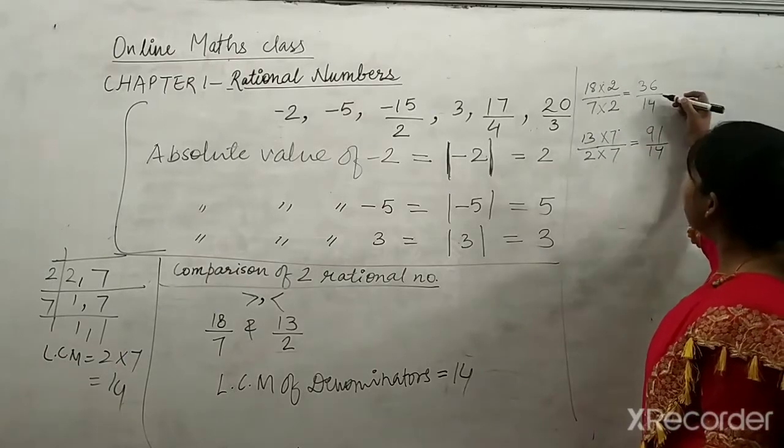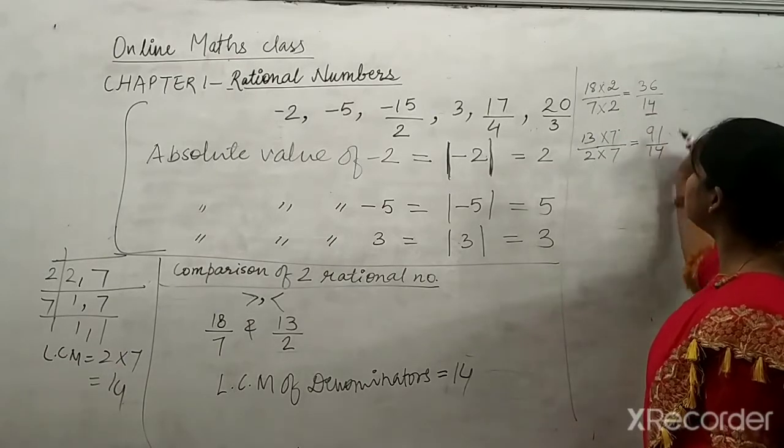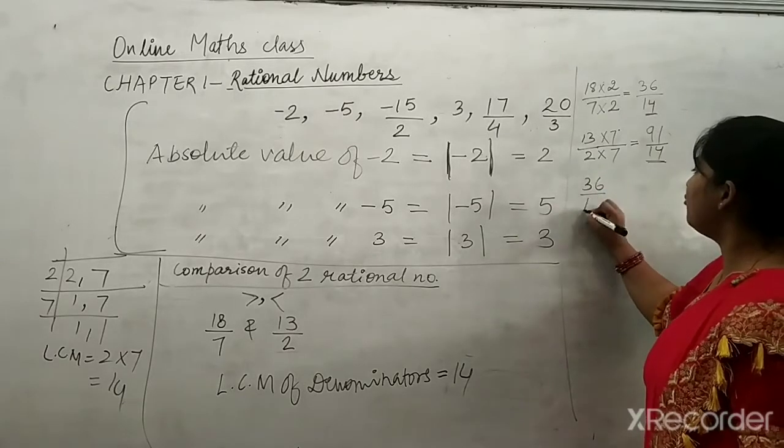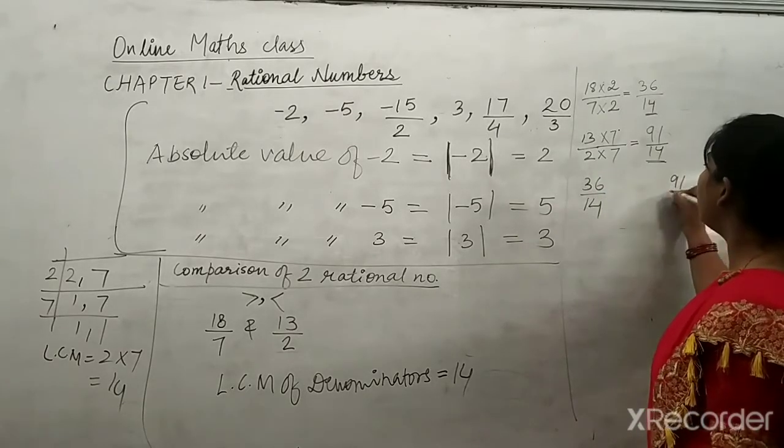Okay, so now can you see that the denominators of both the numbers have become equal. Now the numbers are 36 upon 14 and 91 upon 14.